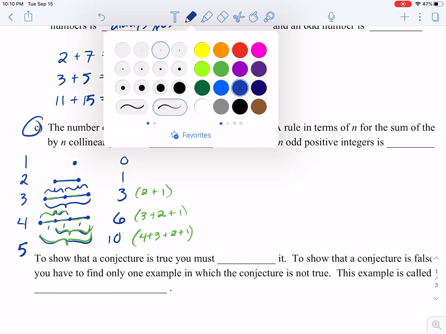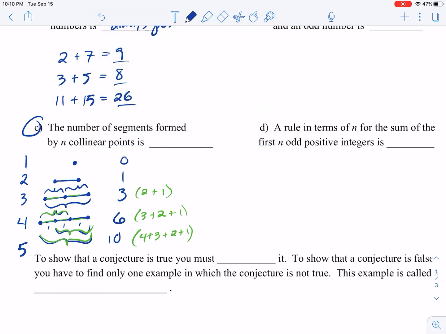So then we would say the number of segments formed by n collinear points is the sum of the consecutive positive integers less than n.